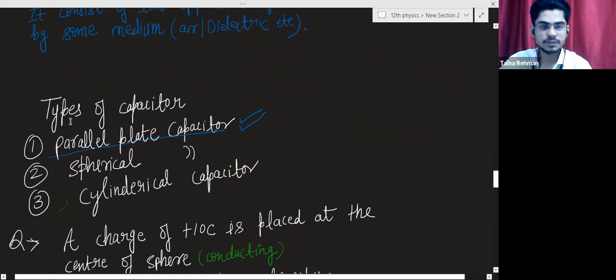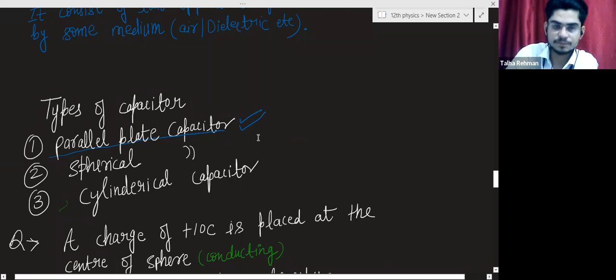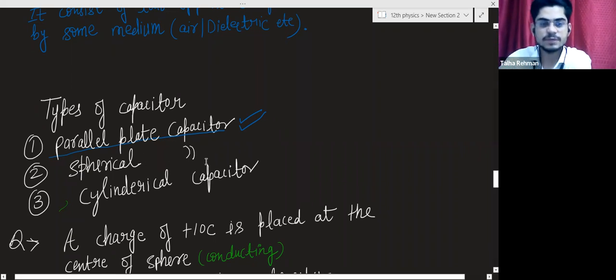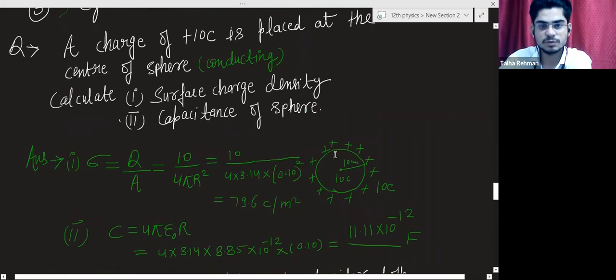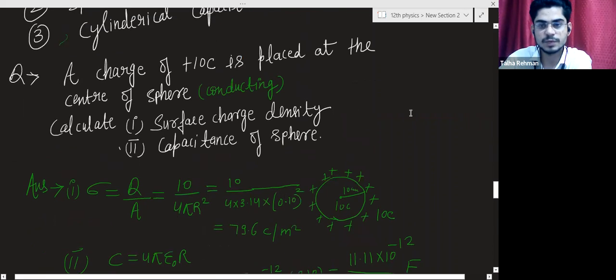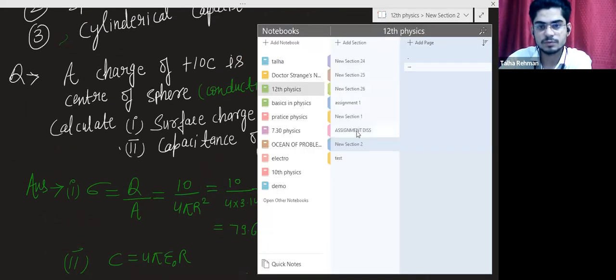We will study three types of capacitors, mostly the parallel plate capacitor. After that, the spherical and cylindrical capacitors, and we have also completed the numericals. Now I am moving forward.